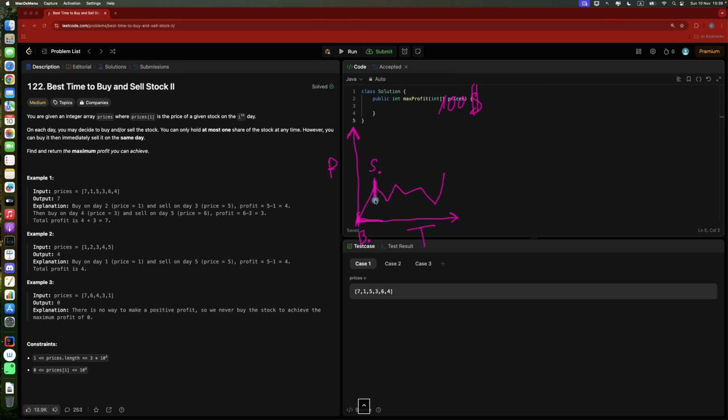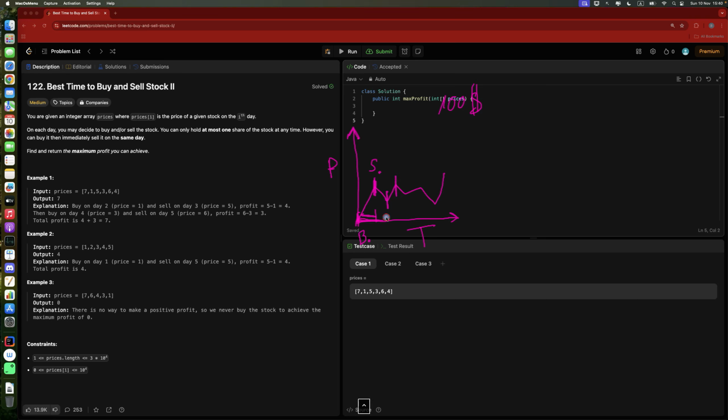So selling here will give you the most money, right? The other thing is you don't want to buy when it is rising. You want to buy when the stock is going down, but you don't want to buy here or here. You want to buy exactly at the optimal price, and sell at the optimal price.